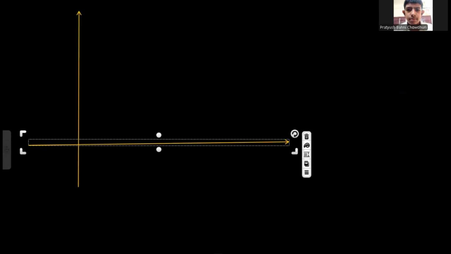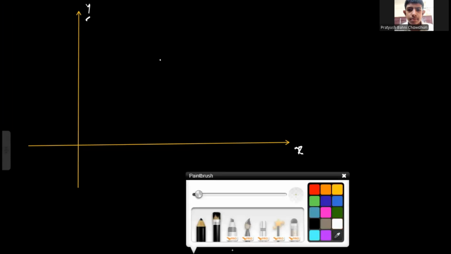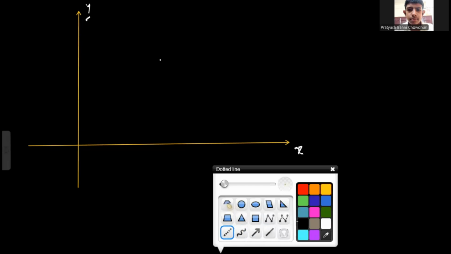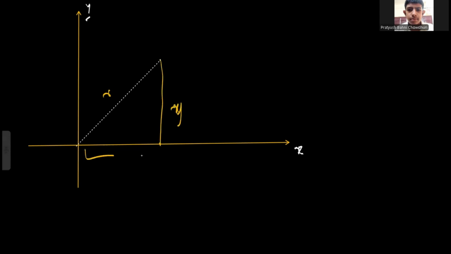Now see. This is the y coordinate, this is the x coordinate. Now suppose a point is here. This is r.